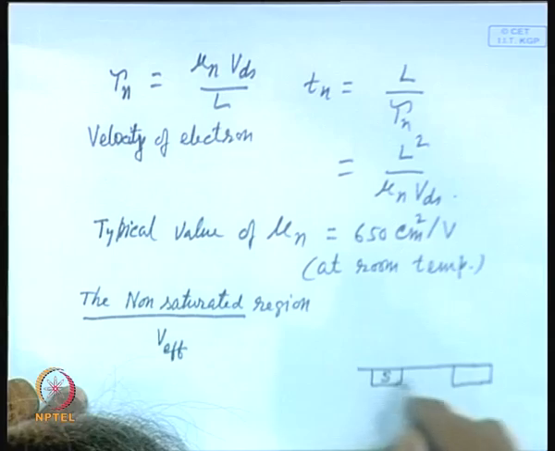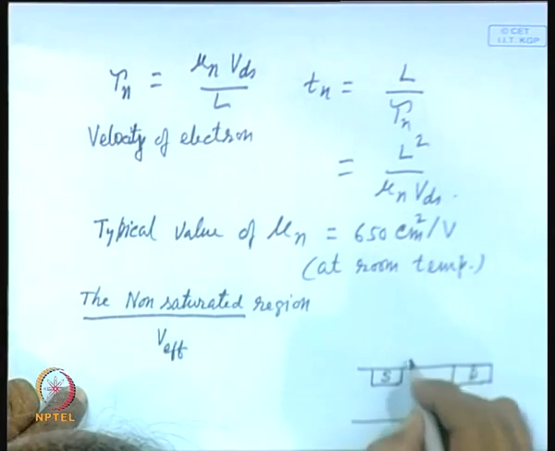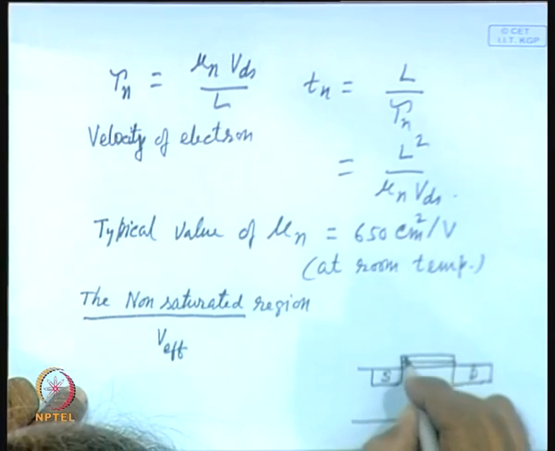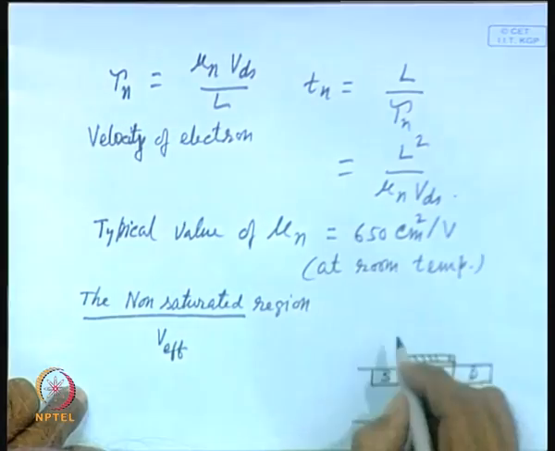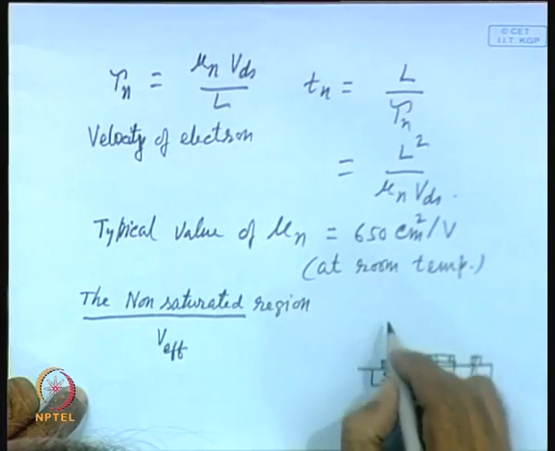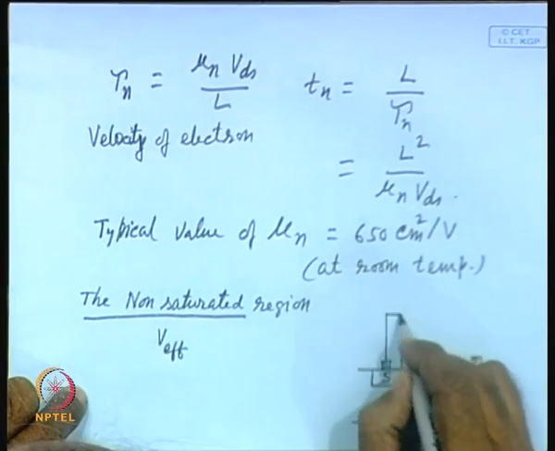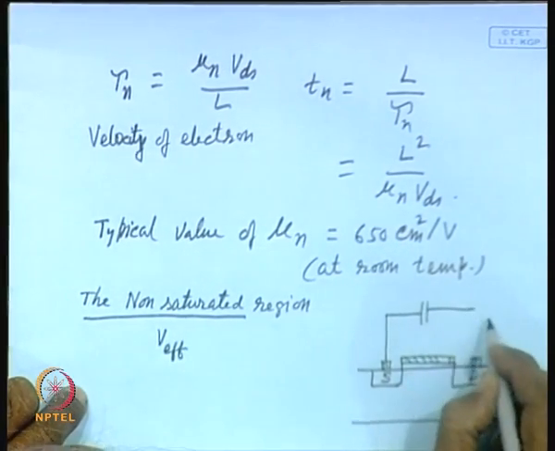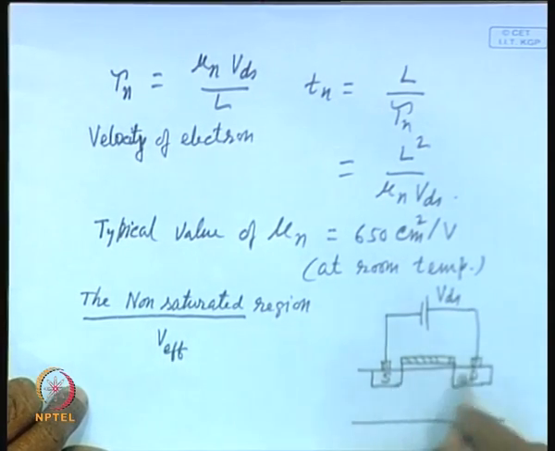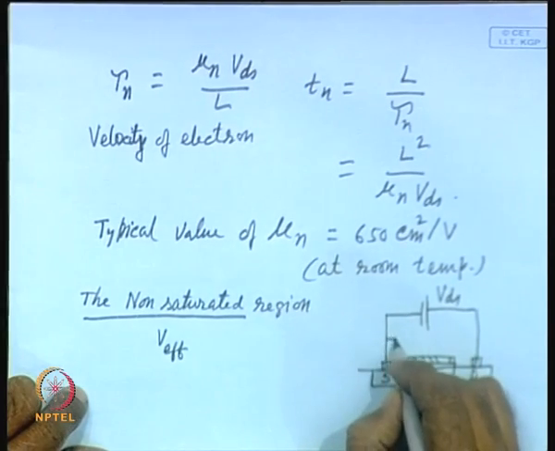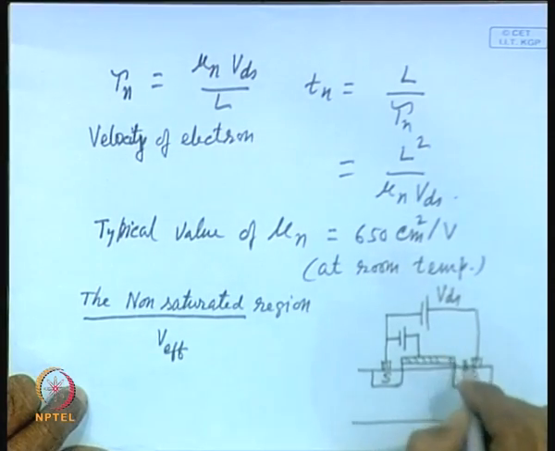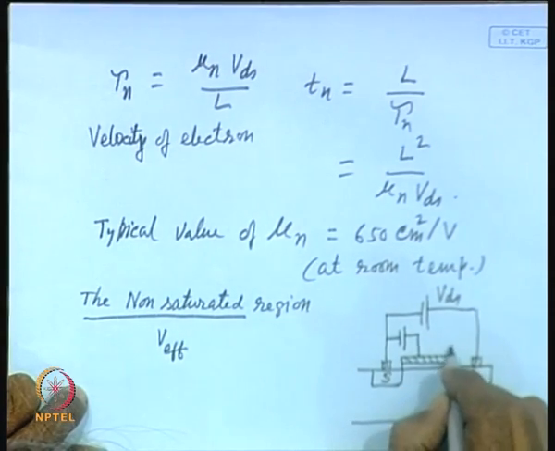Here is your source and here is your drain, this is the channel, then you have the silicon dioxide and on top of that polysilicon. You are applying a positive voltage VDS between the source and drain, and you are also applying a voltage VGS between source and gate.